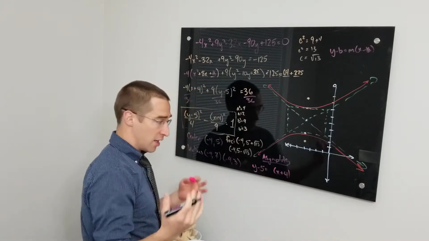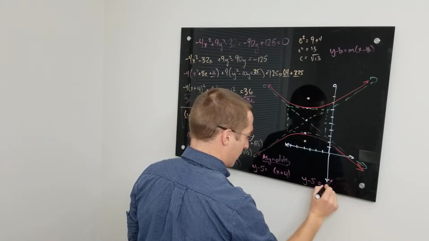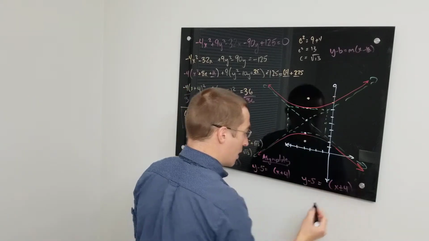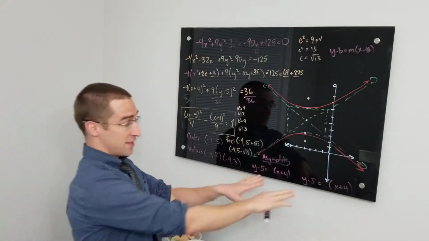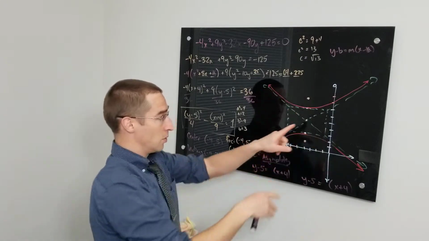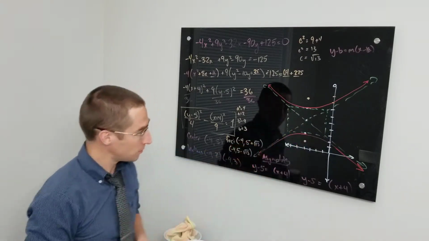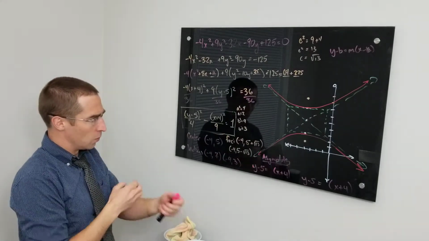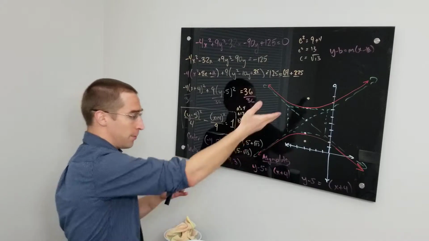So each asymptote is going to have that set up: y minus 5 equals something, x plus 4. Now we need to find the slope of each asymptote. We have this set up because each asymptote goes through the center of the hyperbola. So, what is the slope of each asymptote? Well, let's look at this one with the positive slope.